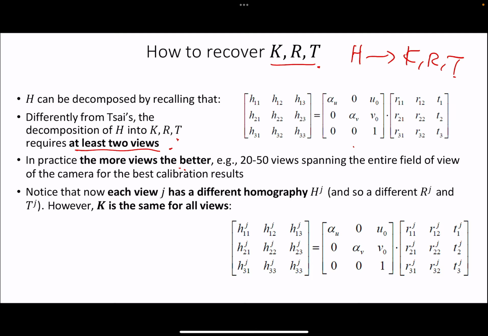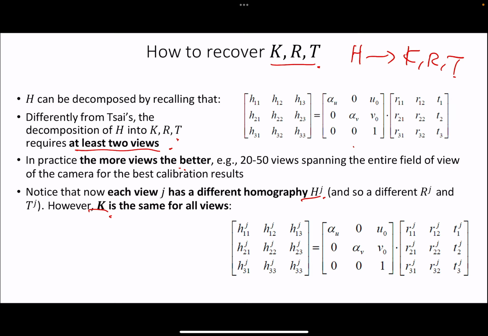Notice that each view j has a different homography Hj, and so different Rj and Tj. However, K is the same for all views. K is intrinsic, so assuming we do not change the zooming or image size resolution, K remains constant across different viewpoints.